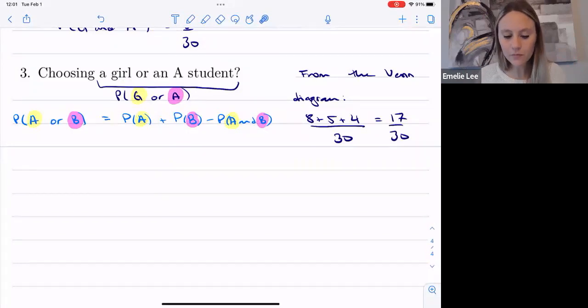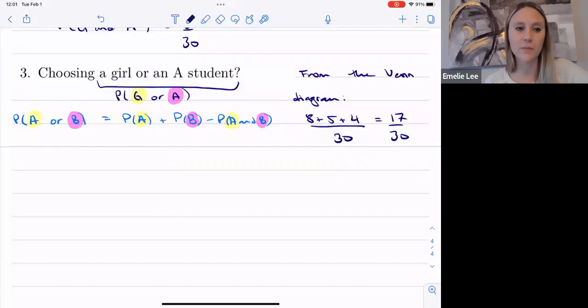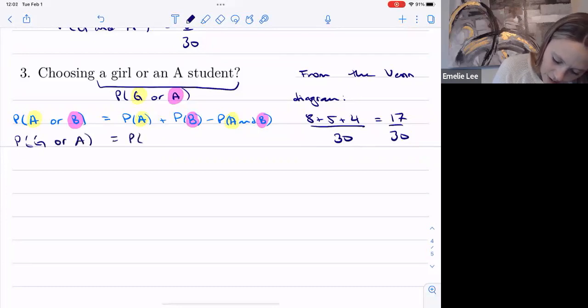You can check both. If it doesn't matter, then you can rewrite them, but then you've solved it twice and what a waste of time. So what we have is the probability of G or A is the probability of G plus the probability of A minus the probability of G and A.